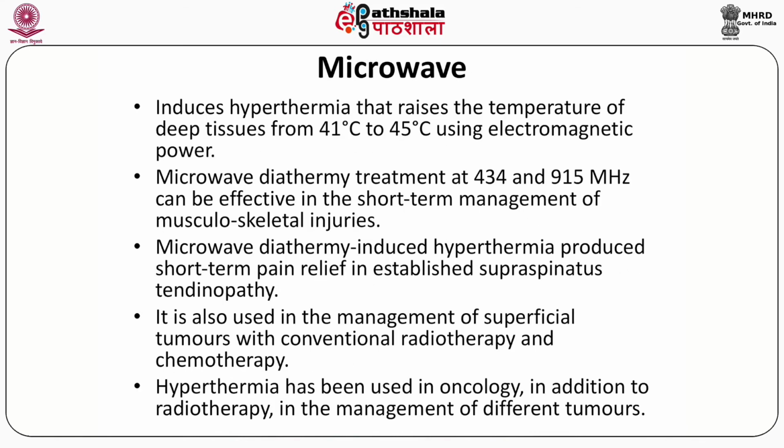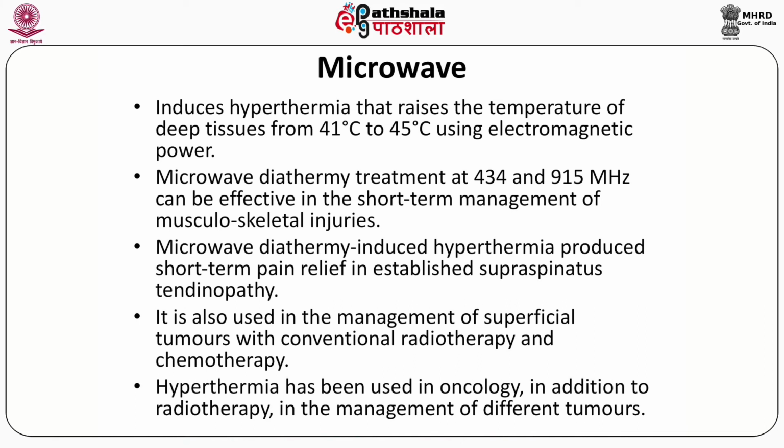So continuing with the microwave, some peculiarities of microwave we shall discuss. It induces hyperthermia that raises the temperature of the deep tissues from 41 degrees Celsius to 45 degrees Celsius using electromagnetic power.